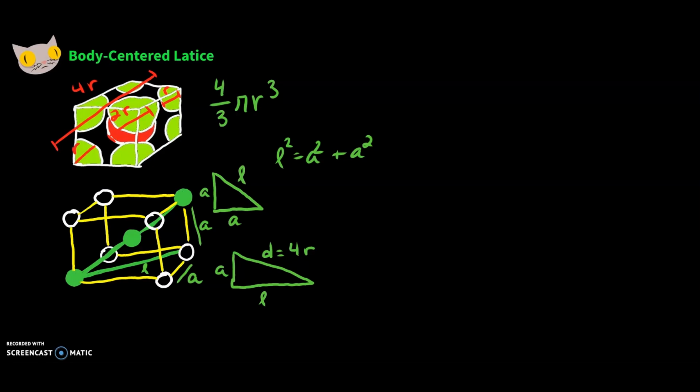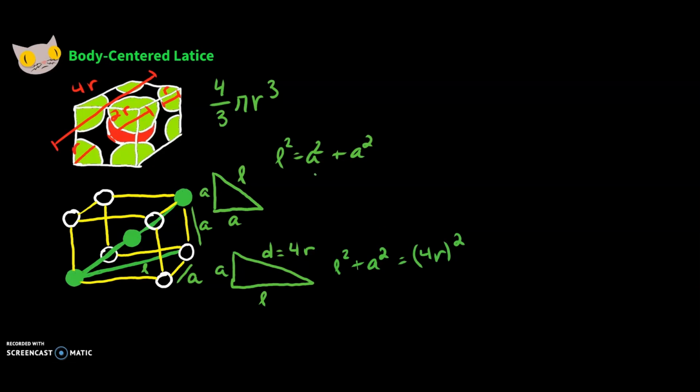So here we have L squared plus A squared is equal to 4r squared. Now we already established L squared to be A squared plus A squared.